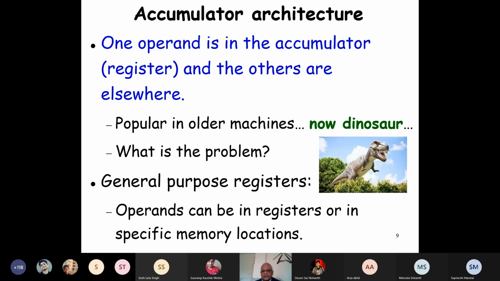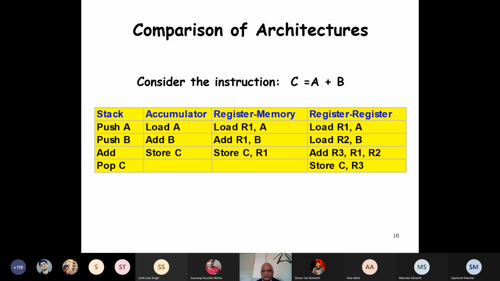It is much nicer if it takes operands from any register, wherever it is, and produces the result in any required register. That way you save a lot of operations, and that's why the accumulator architecture is no more used. Now let's look at a comparison of these architectures.